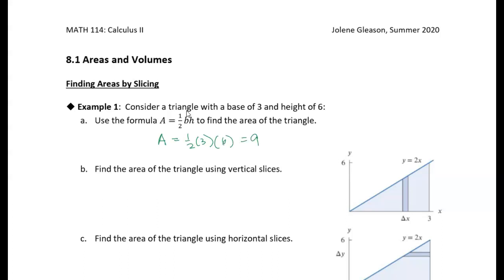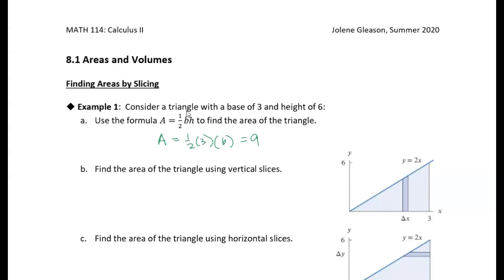It doesn't have any units, so the area is 9 square units of whatever the units are. Now we can use that to check our work for the areas that we're going to find using the integrals. It's handy to do a simple example first, and then we'll get into some more complicated cases.